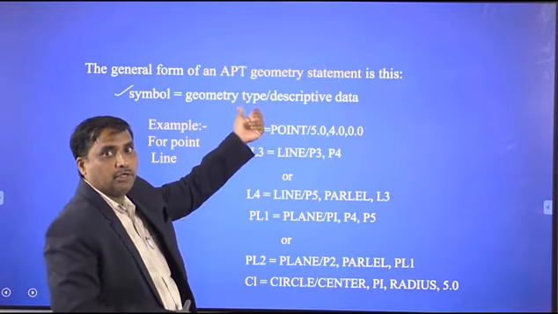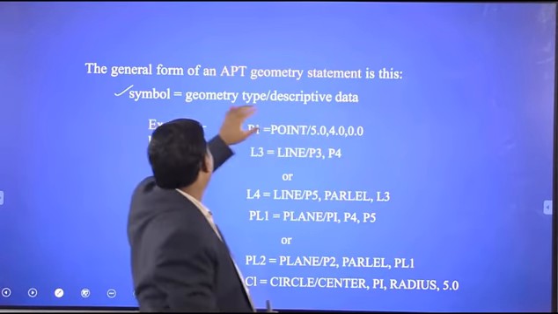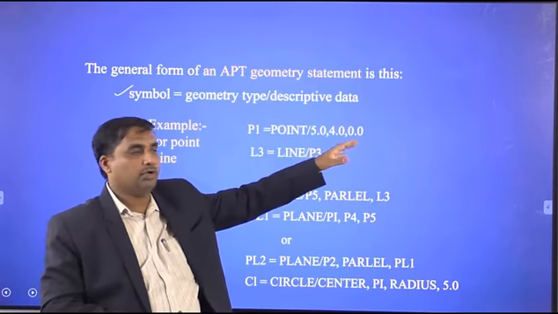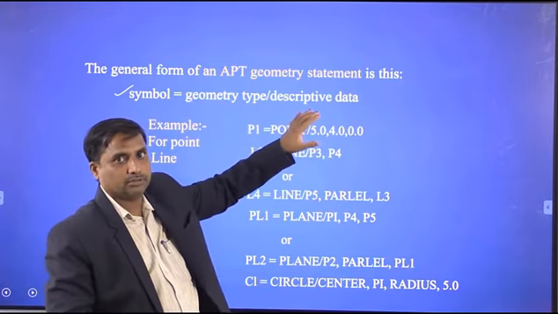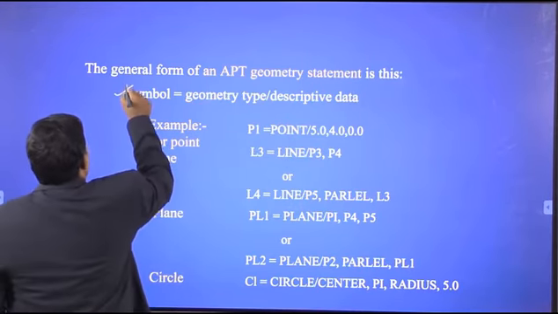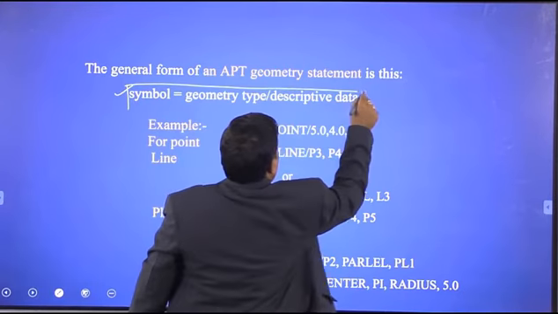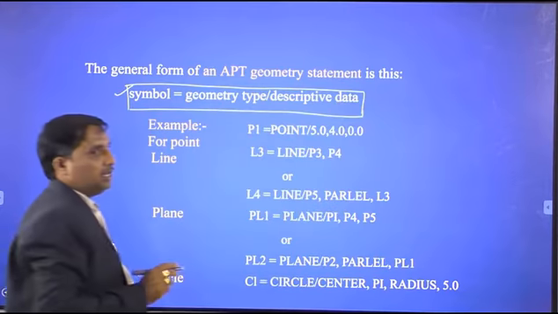Geometry type represents point, line or plane. And descriptive data: for a point, coordinates; for a line, conditions; for a plane, conditions. This is the syntax for defining a geometry using APT language.